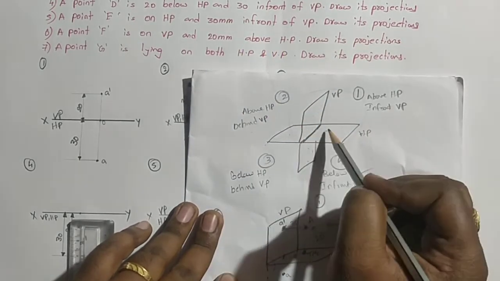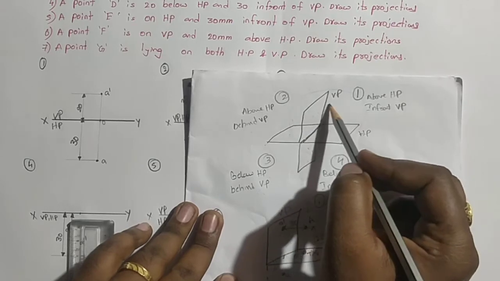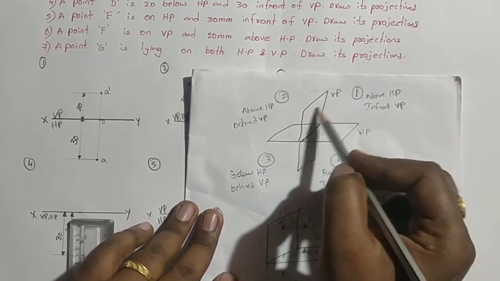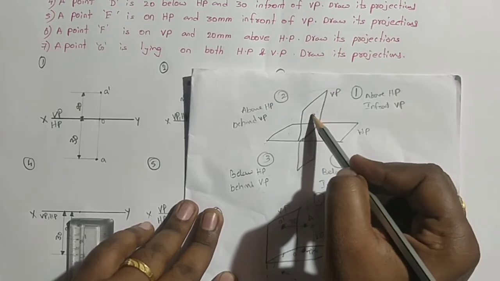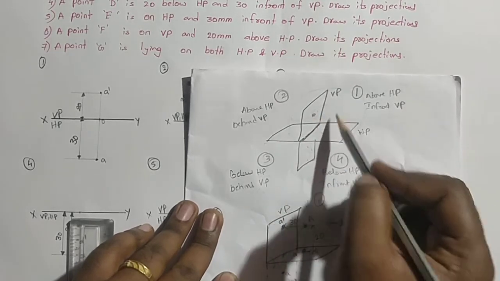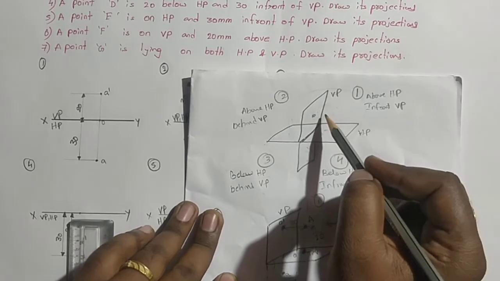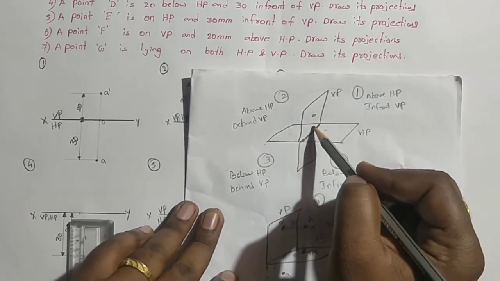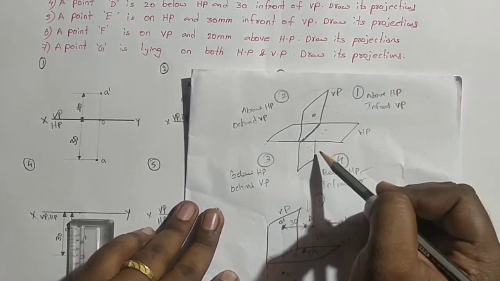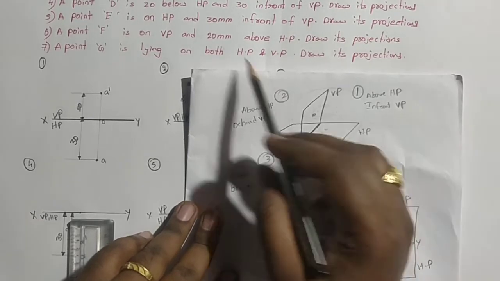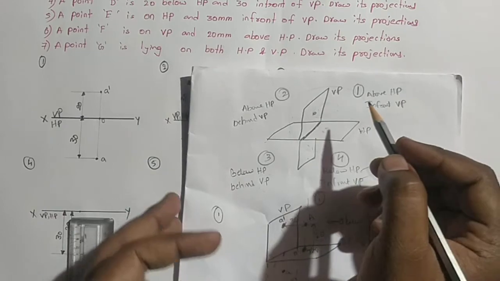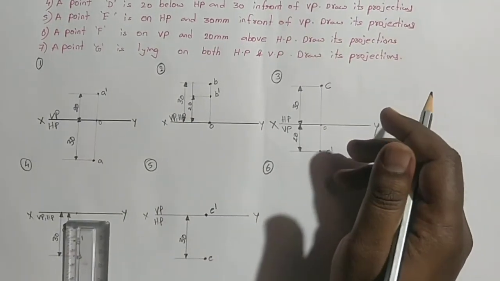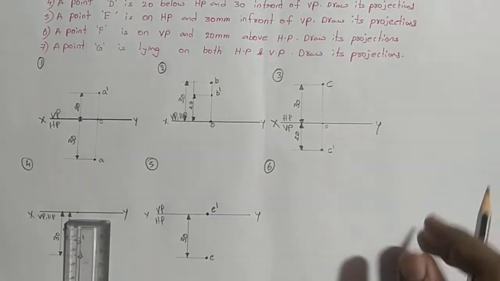Above HP means quadrant 1 or 2. On VP, so it is 1 or 3. If they give above HP, it is the first quadrant. Below HP means it is the fourth quadrant. So it is the first quadrant.